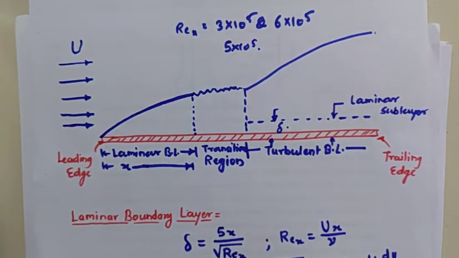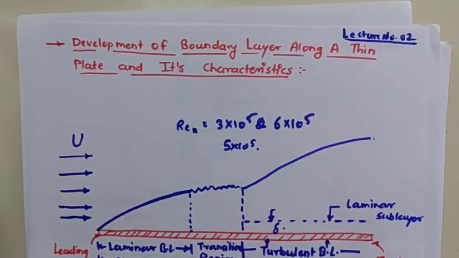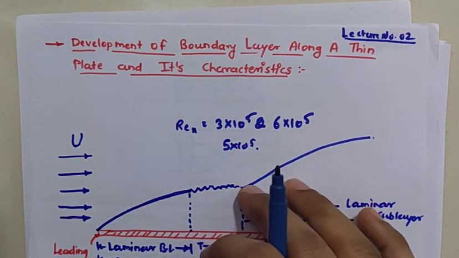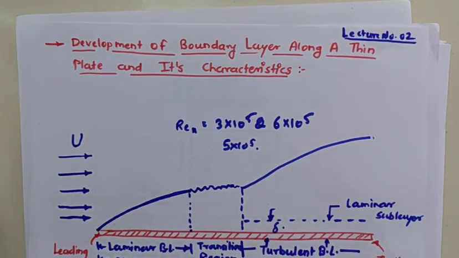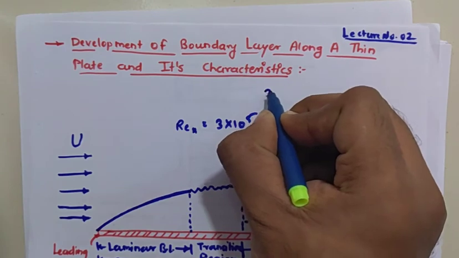Now this growth of boundary layer is affected by so many factors. First one is the distance x from the leading edge. Boundary layer varies directly with the distance x.